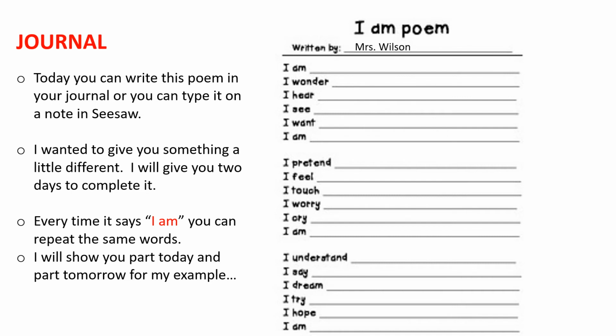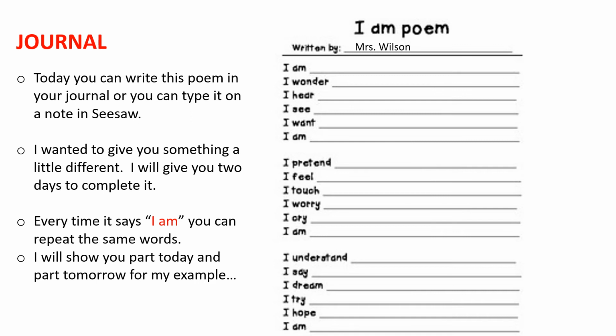What's kind of fun about this is that, do you see the 2 words I am several times in this poem? As the author, you can choose to write the same words each time next to I am, or you can change it. I'm going to start this today with you, and then tomorrow we'll finish it.